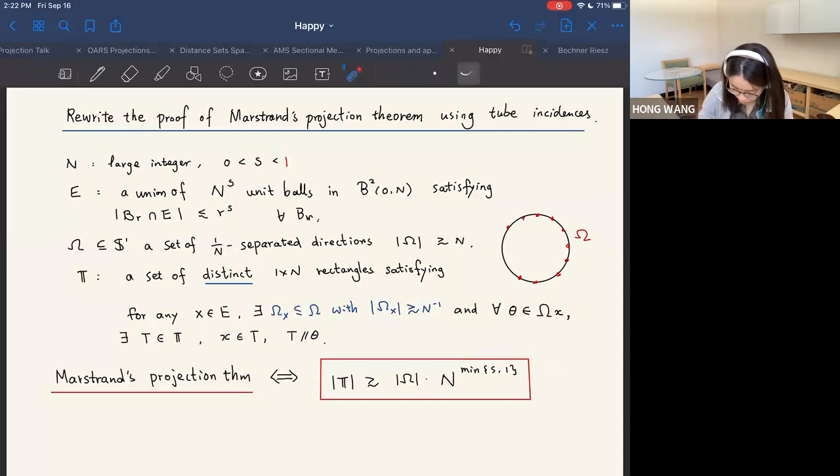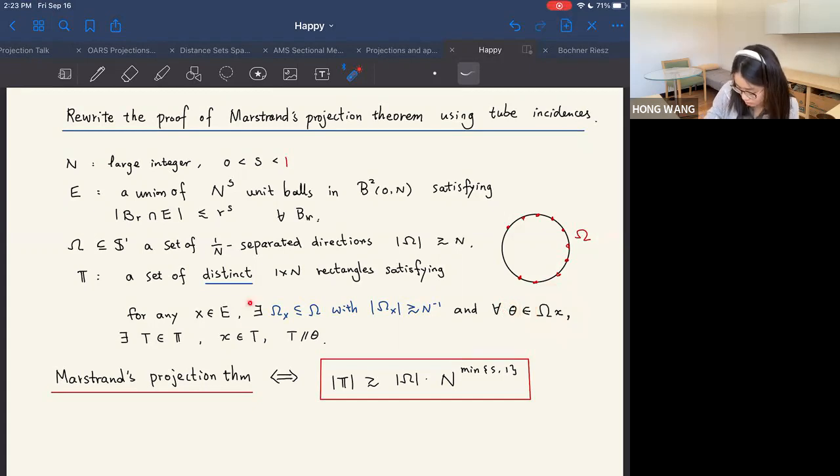And then T is a set of distinct 1 times n rectangles of length n and width 1, satisfying that for any x in E, there exists a subset omega_x whose cardinality is also about n, and for any theta in omega_x, there is a tube in T in direction theta containing x.